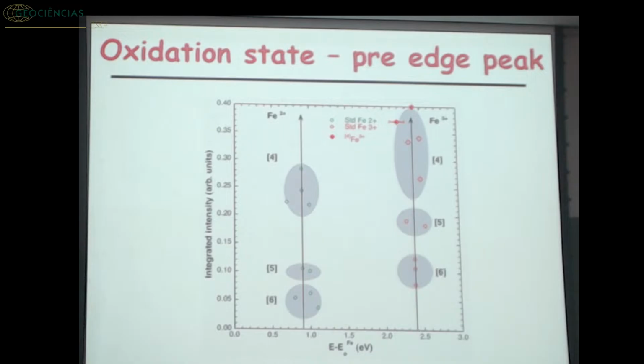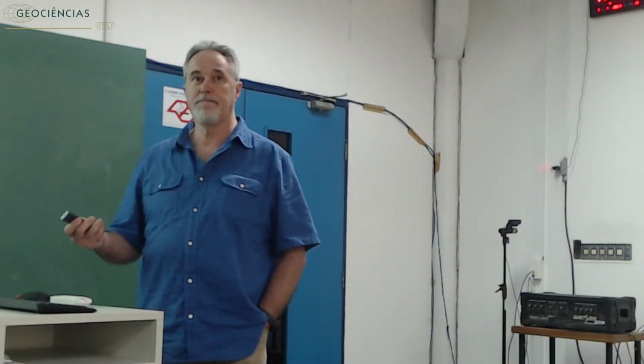Trivalent iron model compounds, according to whether it's octahedral, this is square pyramidal, and this is tetrahedral coordination, can plot in this range of intensity shown here in the graph. So the pre-edge peak can give us an indication not only of the oxidation state, but also of the coordination environment.